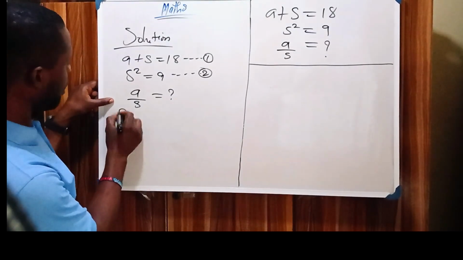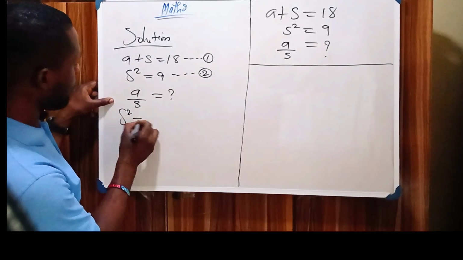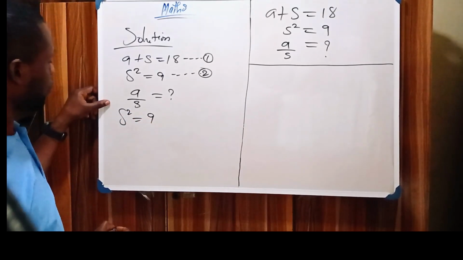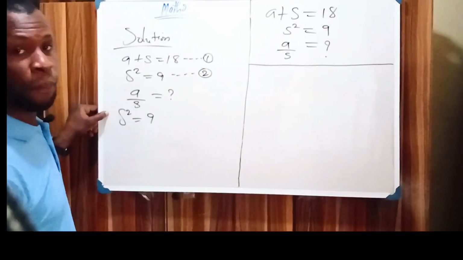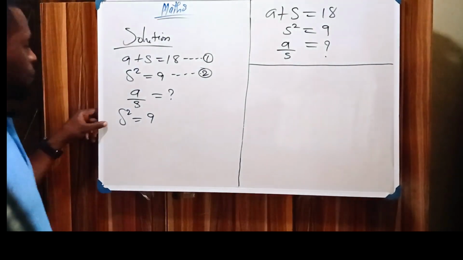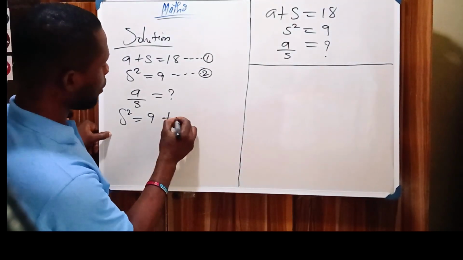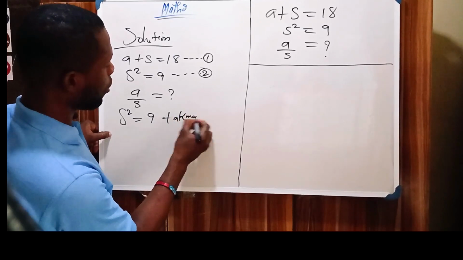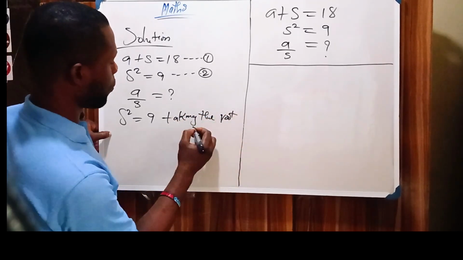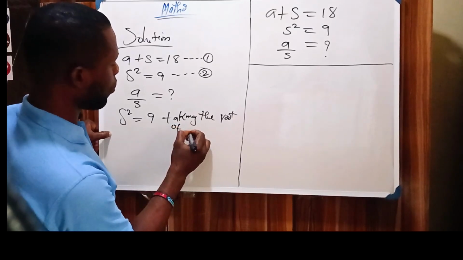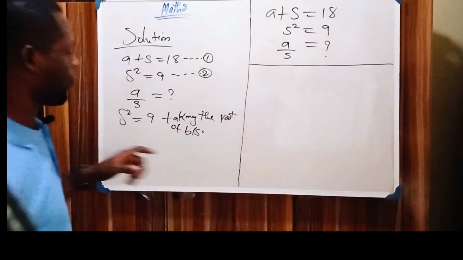So how are we going to do that? We bring it out. s squared equal to 9. We can say that taking the square root of both sides, short form.